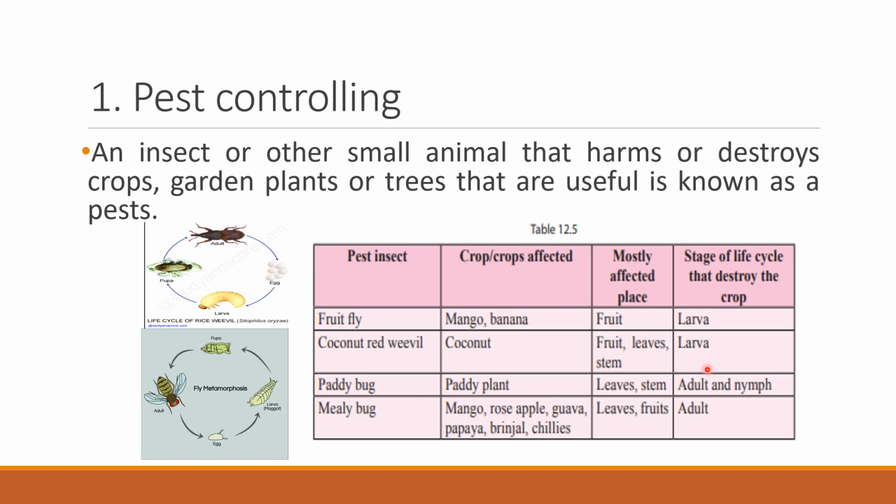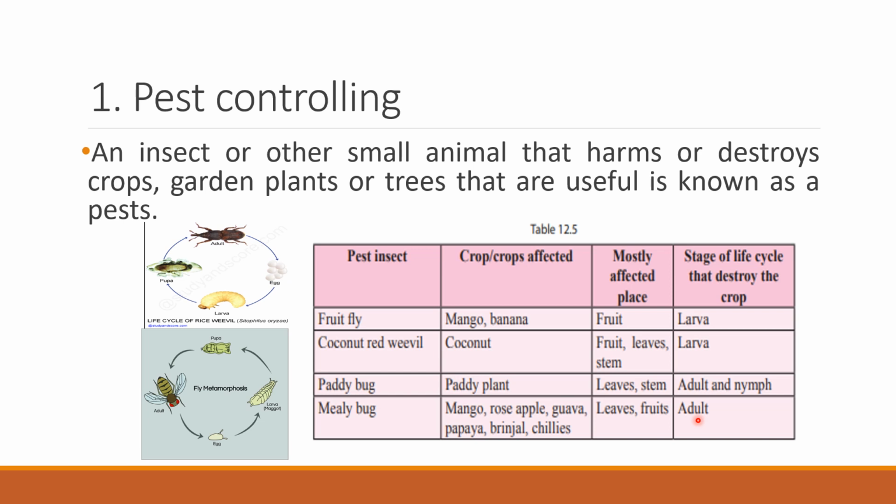And if you consider the paddy bug, both adult and nymph stages destroy the leaves and the stems of the paddy plant. And if you consider the mealybug, it also harms the fruits and vegetables, and the most affected parts of the plant are leaves and fruits, and the adult stage of this bug causes the damage to crops.